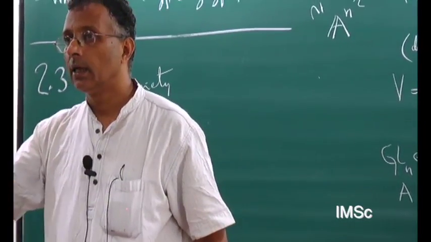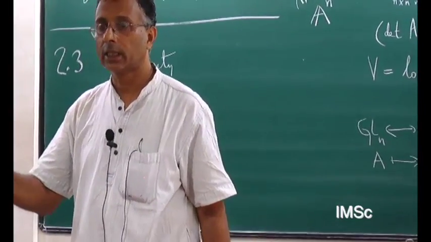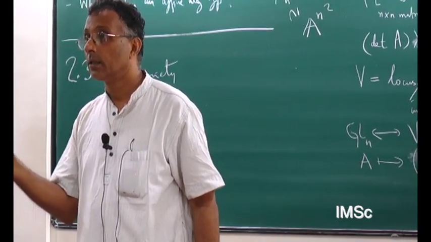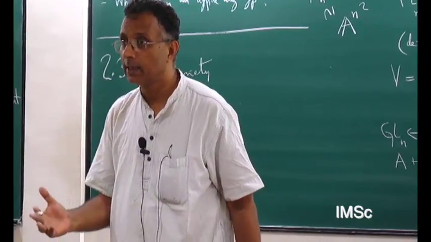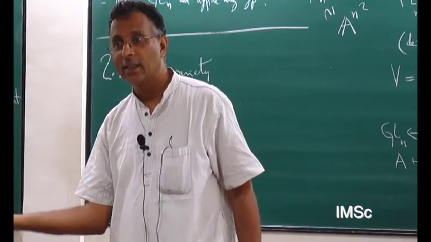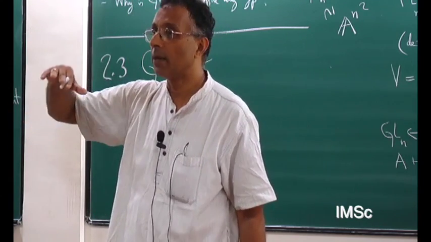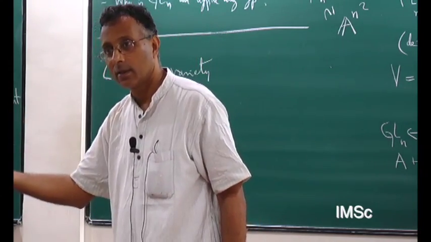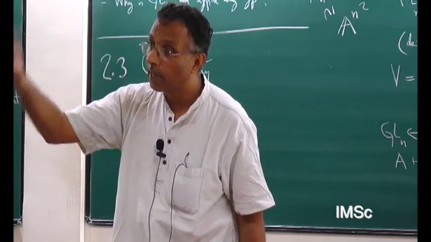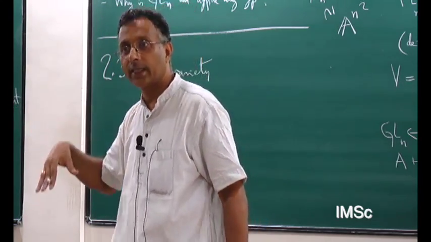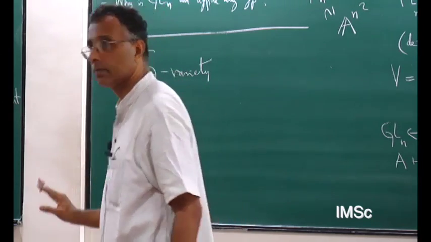This is a variety X on which there is an action of G as a group. A variety is also a set, so on the underlying set, there is the action of the underlying group of G. So there is a map G cross X to X, and that map is actually the underlying set map of a morphism of varieties G cross X to X. That's what it means for it to be a G-variety.